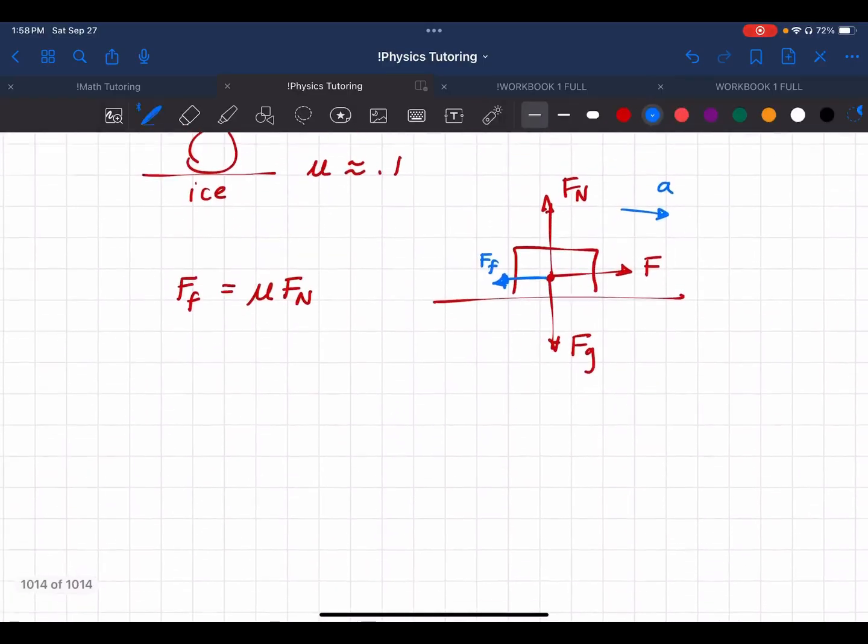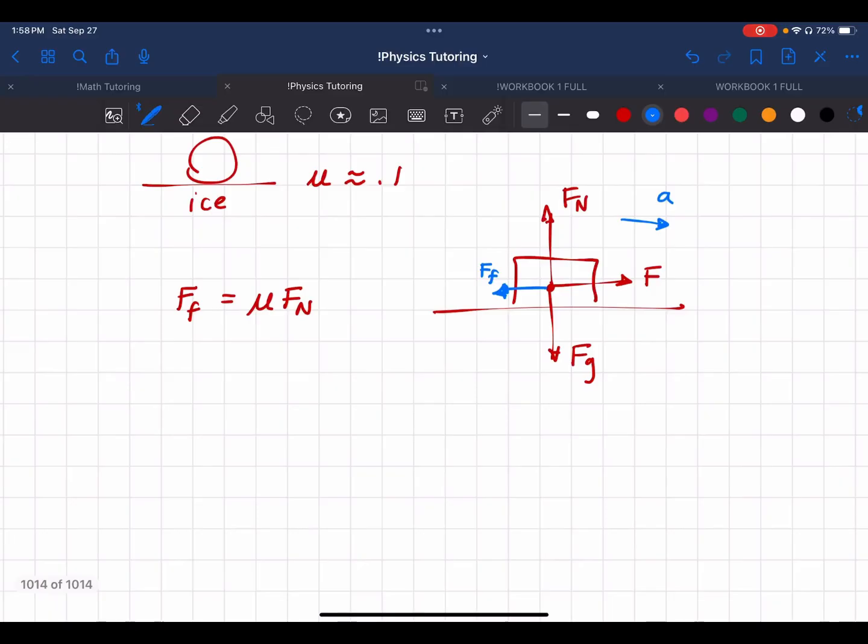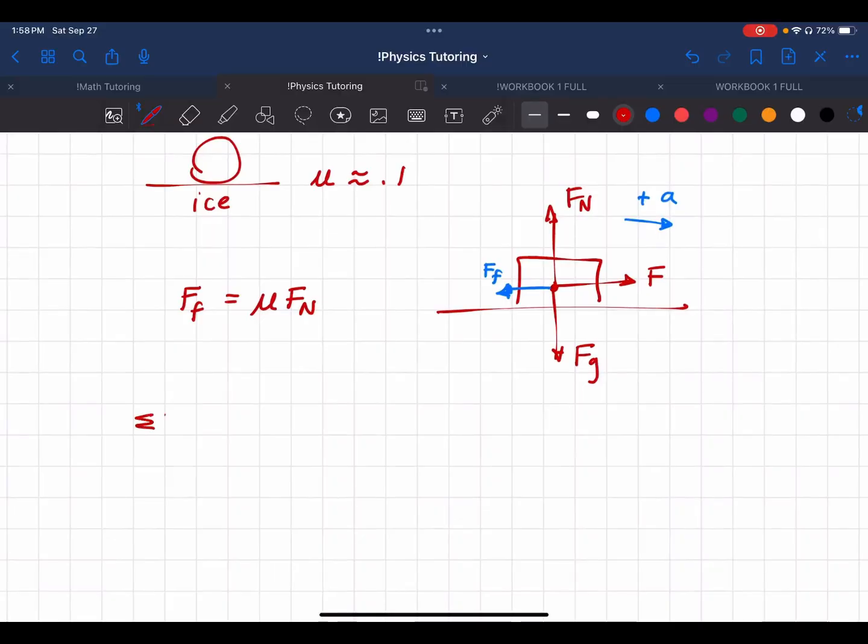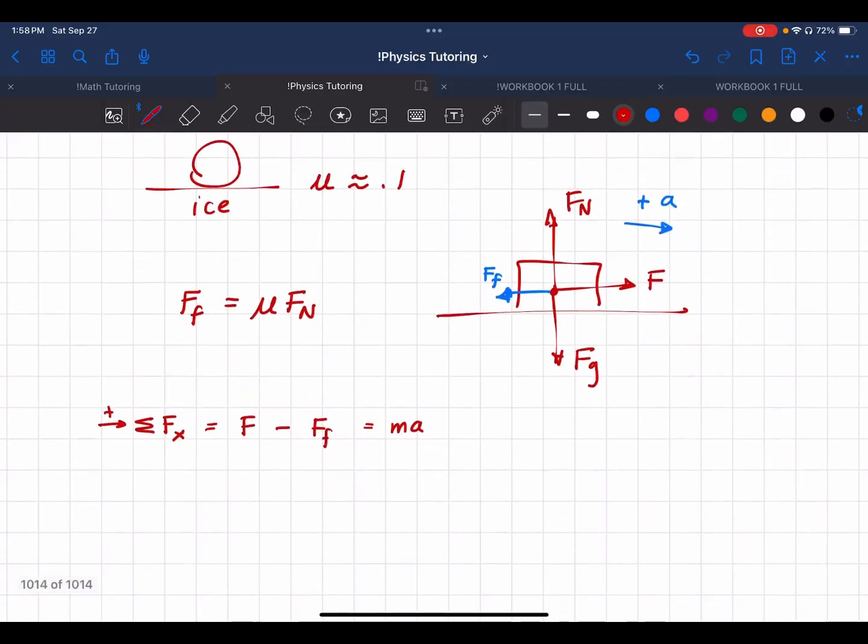Okay. So we'll do an example. For this problem, I'm gonna set this direction as my positive. So the sum of the forces in the x is just the force F minus that force of friction, equals m a.